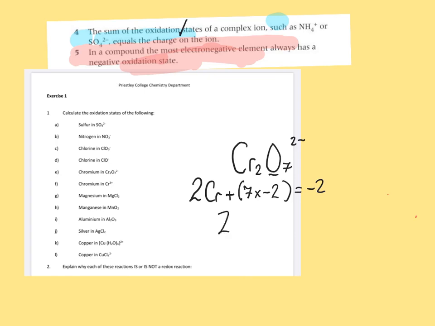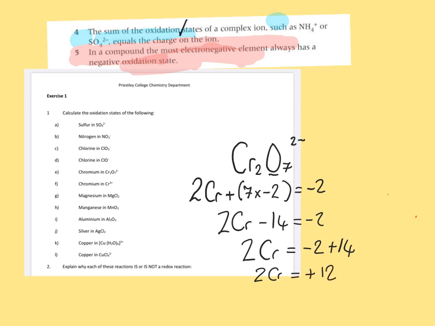So 2 chromiums minus 14 is equal to -2. We add 14 to both sides, and that's -2 plus 14. 2 lots of chromium have an oxidation state of +12. We divide both sides by 2, and that means chromium in this case has an oxidation state of +6.